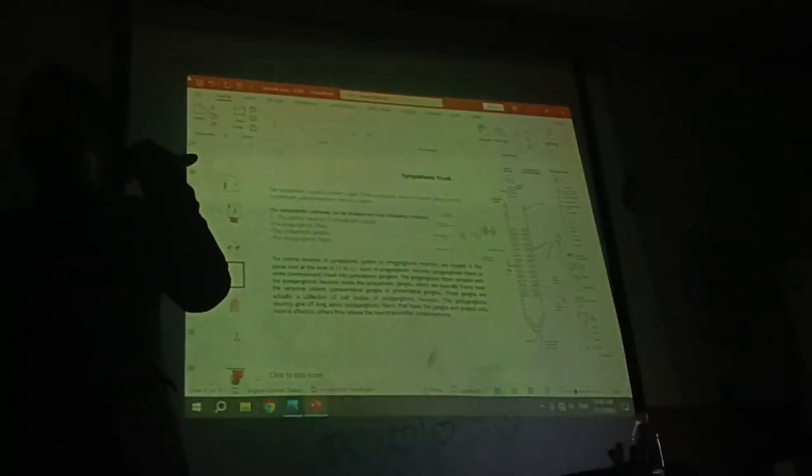For example, we have 7 cervical vertebrae and we have 7 sympathetic ganglia at the cervical area. We have 12 thoracic vertebrae and at first we have 12 sympathetic ganglia.